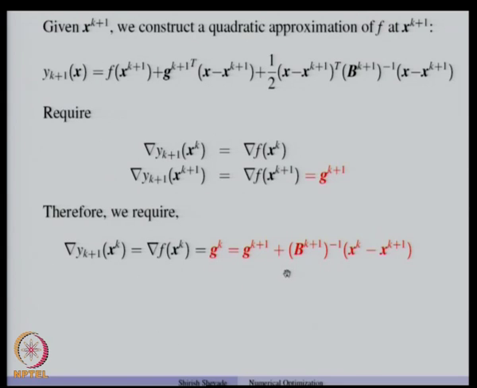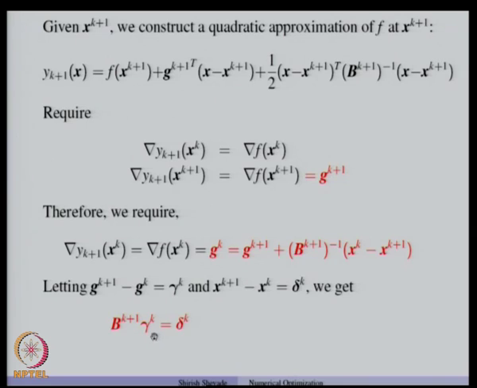So, we want this quadratic approximation to be such that this condition is satisfied, or in other words, Bk plus 1 should be such that Bk plus 1 gamma k is equal to delta k, and the way this is obtained is using this expression.